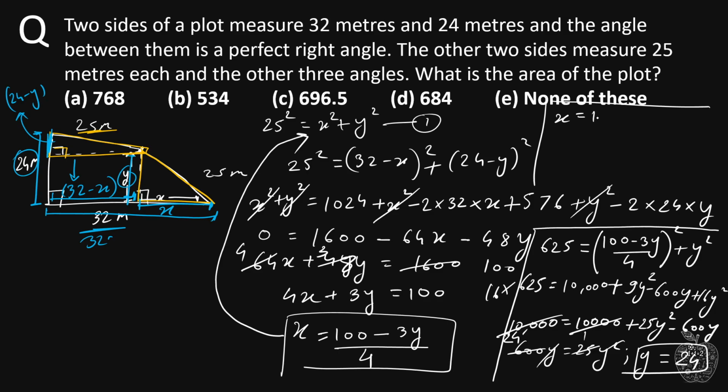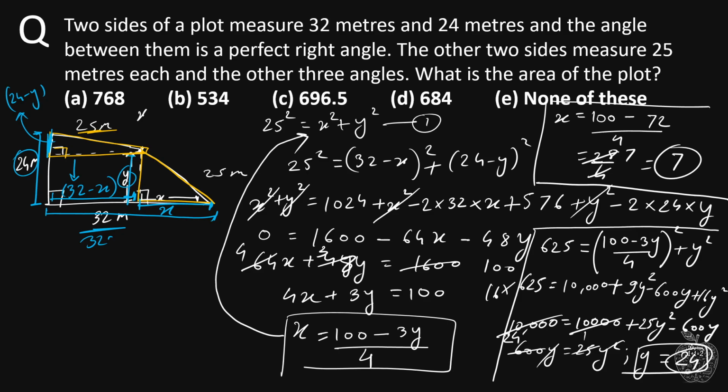So x equals (100 minus 24 into 3, which gives 72) upon 4. 100 minus 72 will be 28, by 4, 4 7s are 28. So we have x equals 7, y equals 24. So x is equal to 7 and y is equal to 24.